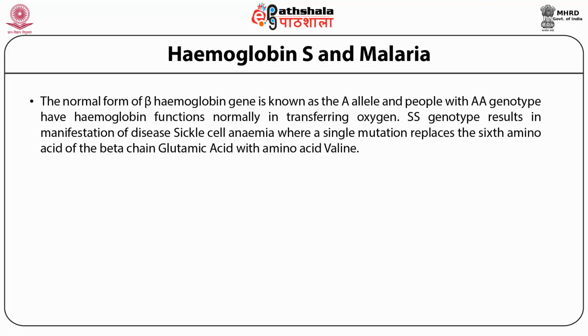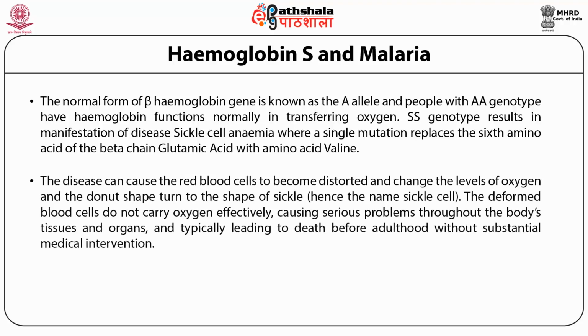In this condition, a single mutation replaces the 6th amino acid of the beta chain, glutamic acid, with the amino acid valine. The disease can cause the red blood cell to become distorted, and with a change in the level of oxygen, the donut shape turns to the shape of a sickle.